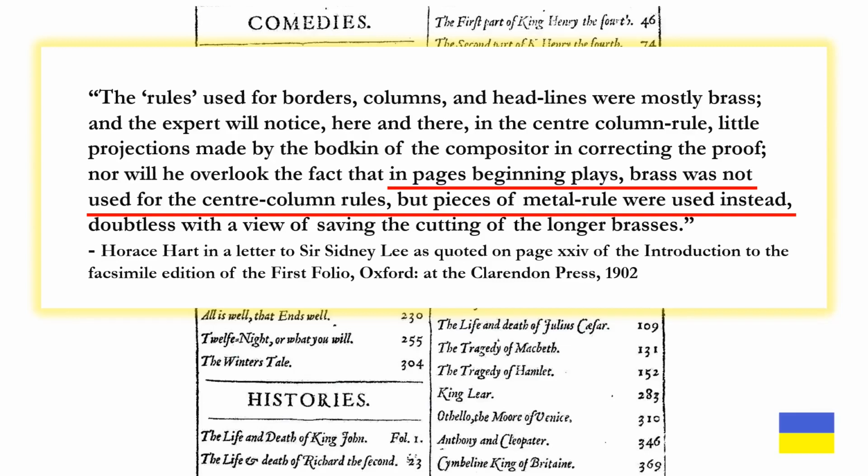Nor will he overlook the fact that, in pages beginning plays, brass was not used for the center column rules, but pieces of metal rule were used instead, doubtless with a view of saving the cutting of the longer brasses.